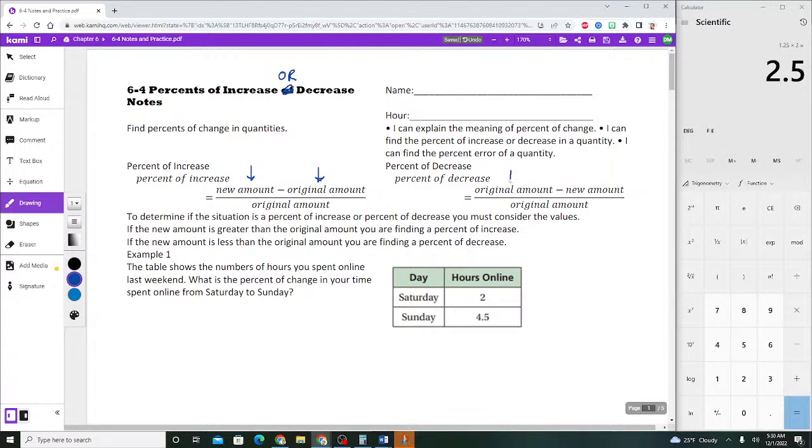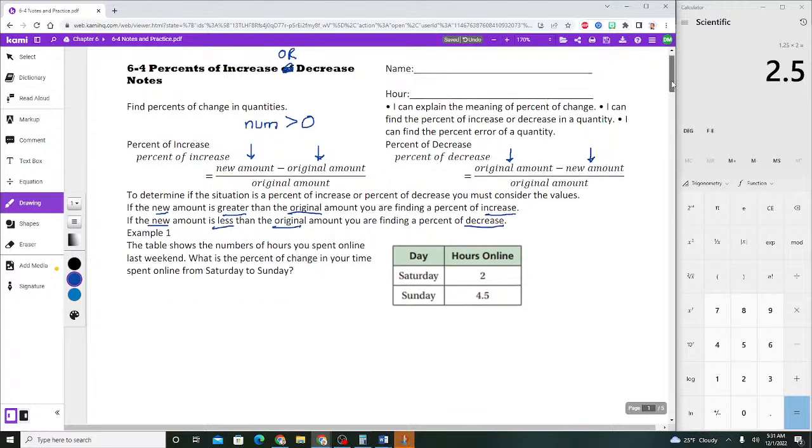In the other, we have the original amount minus the new amount divided by the original amount. The difference is in the numerator, and the numerator needs to be greater than 0. If the new amount is greater than the original, we're finding an increase. If the new amount is less than the original, we're finding a decrease.